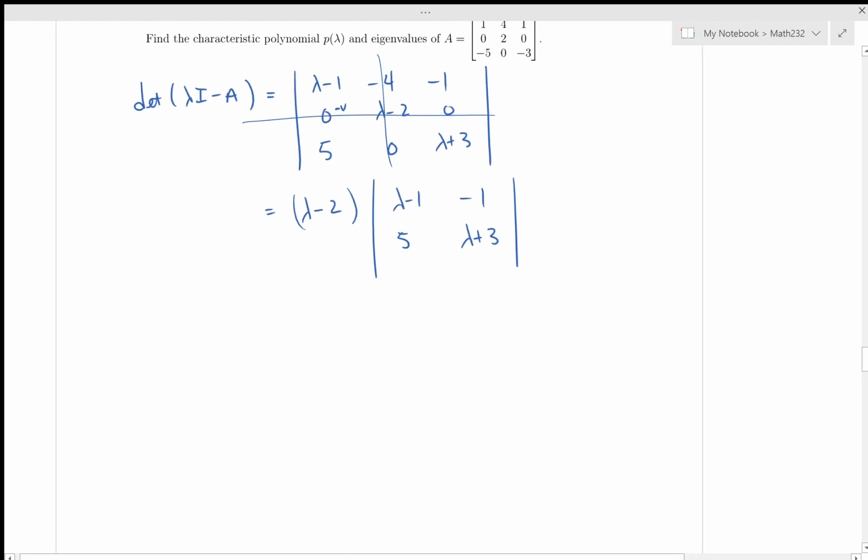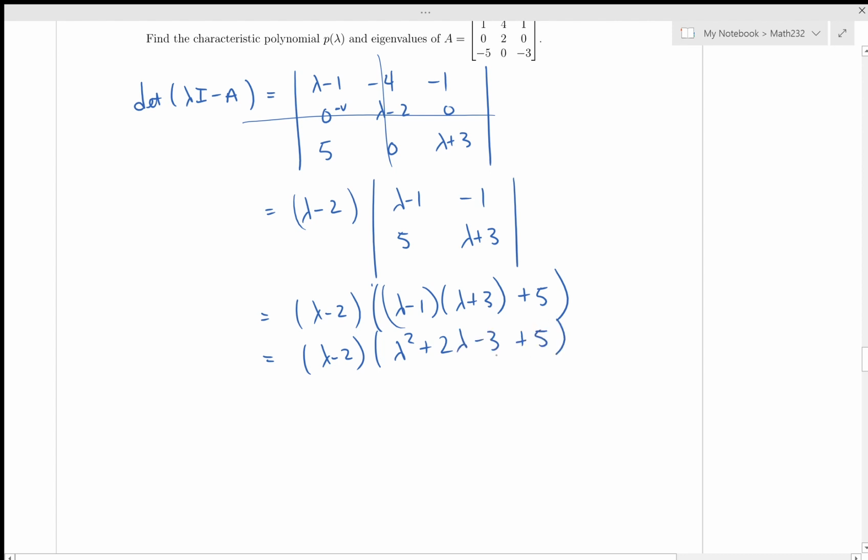And that's going to be lambda minus 2. I could do this in the next step. Lambda minus 1, lambda plus 3, minus negative 5. Okay, that's going to be lambda minus 2, lambda squared plus 2 lambda minus 3 plus 5. And that's lambda minus 2, and that's going to be lambda squared plus 2 lambda plus 2.